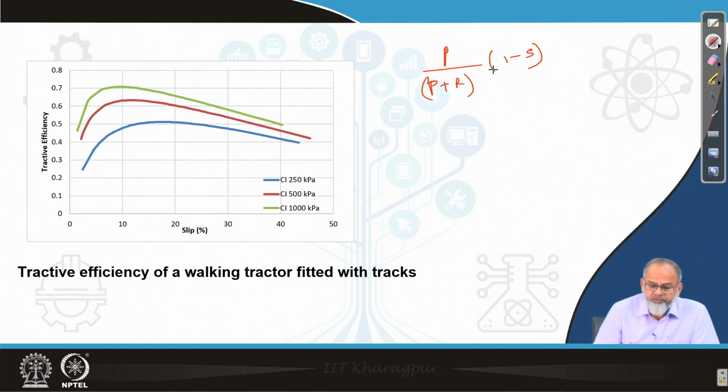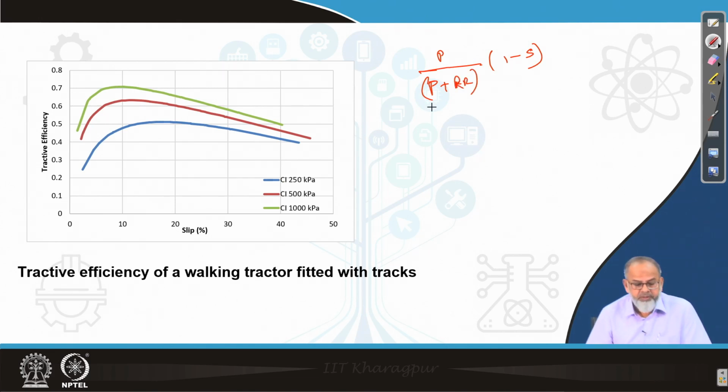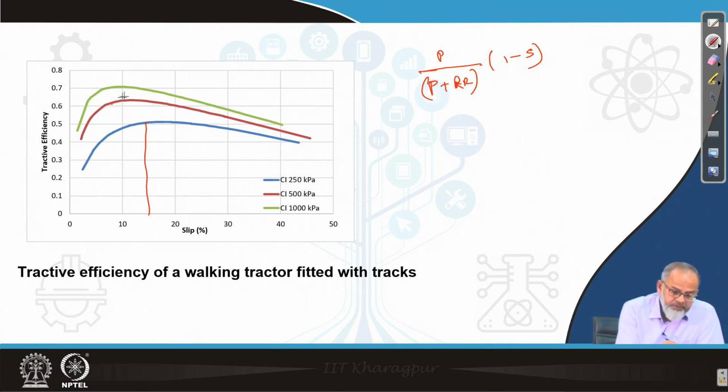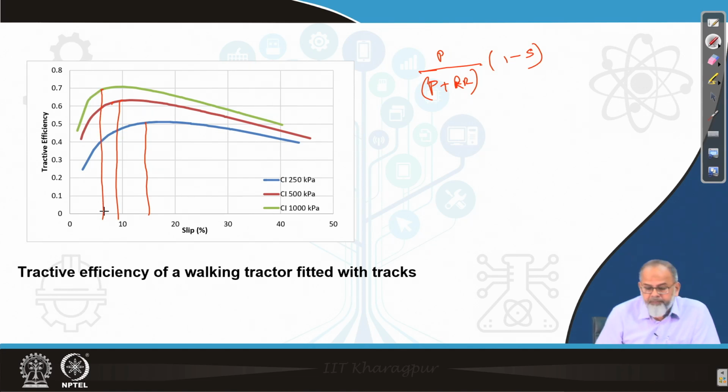I have not written W here because W remains the same, that is, I am cancelling it. So, I have taken only P by (P plus R), where R is the rolling resistance or motion resistance. The nature is that tractive efficiency reaches a peak value after a certain slip. If you draw a line here, this is the slip where it is getting maximum.